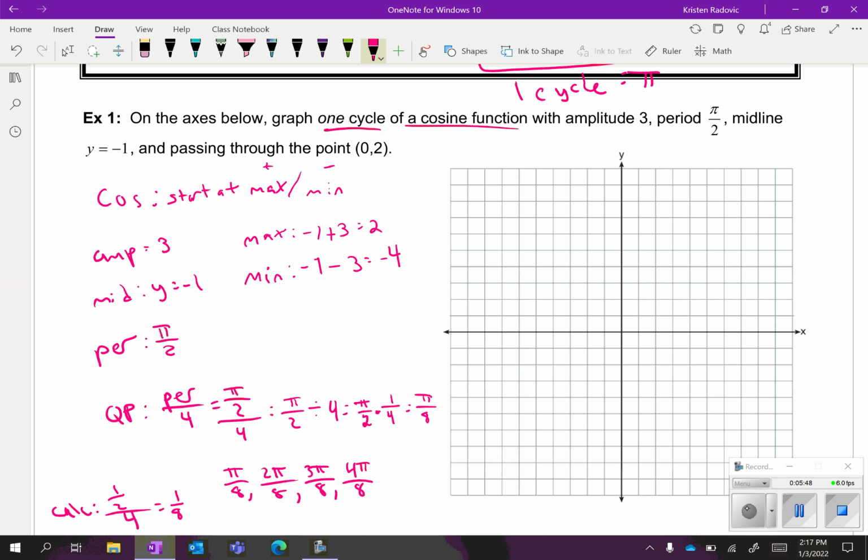Now we're going to actually go and graph this. And remember, it says one cycle, so I'm going to spread out my quarter points nicely so that I split everything up. I'm going to count every 2. So I have pi over 8, and so on.